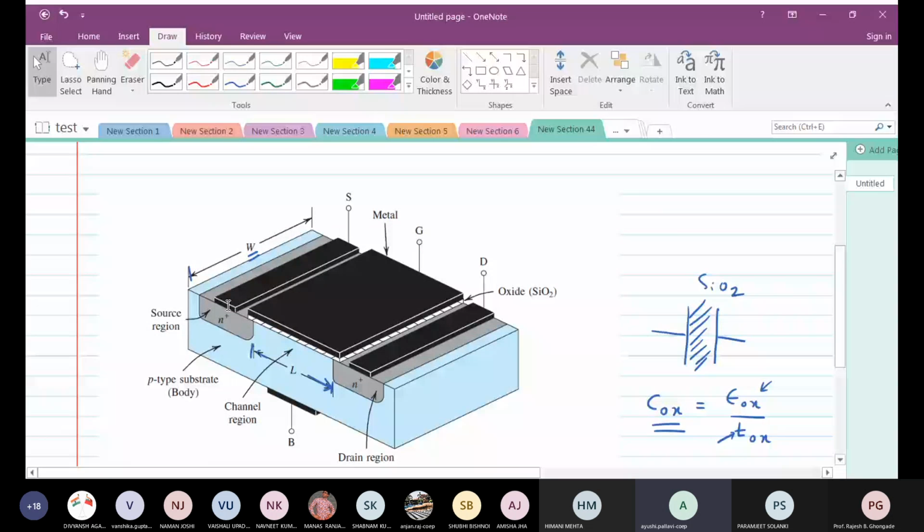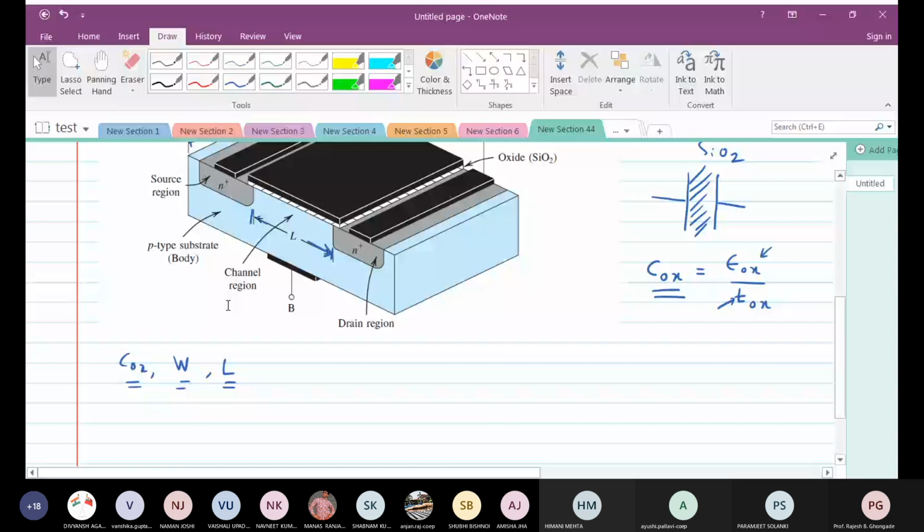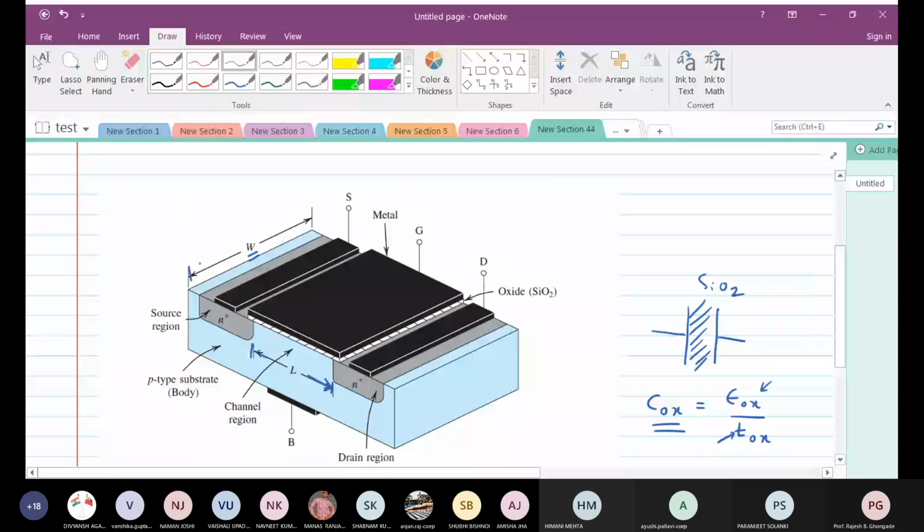Now, looking at the geometry of the device, that is the 3D structure of the device, we have the width being defined like this, the length being defined like this. Length is nothing but the channel length. So L is nothing but the channel length.